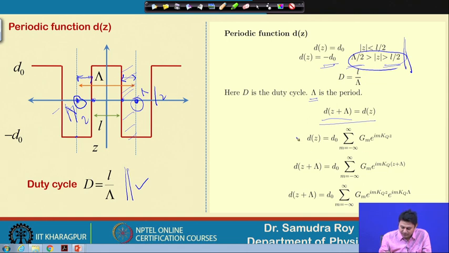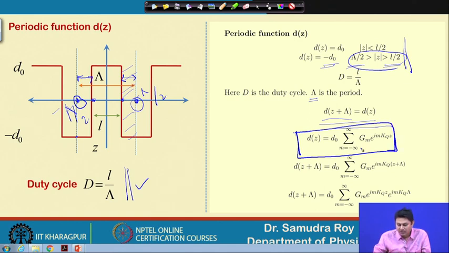Suppose we write D as a Fourier series, where these are the Fourier coefficients. I am making a sum over this quantity to represent a periodic function. We can always represent a periodic function in this way, where Gm is a Fourier component.